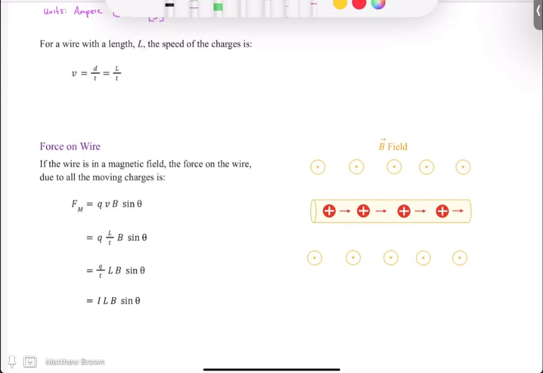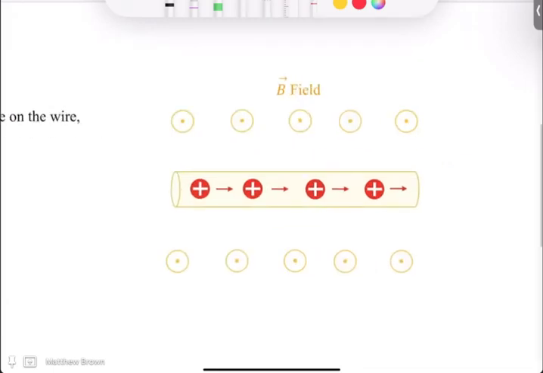Now, in this case, they're perpendicular. The charges are moving to the right. The magnetic field is coming out. So you could use the right-hand rule, and you can still point your thumb in the direction the current is moving with your right hand. The magnetic field is coming out of the page, so I can't really lay my hand down flat. If I tried to draw my thumb here, it would go that way.